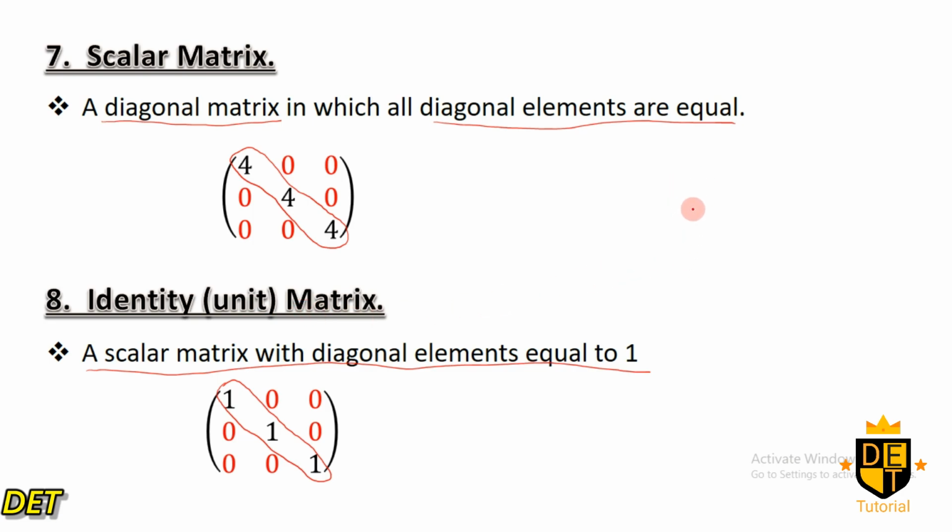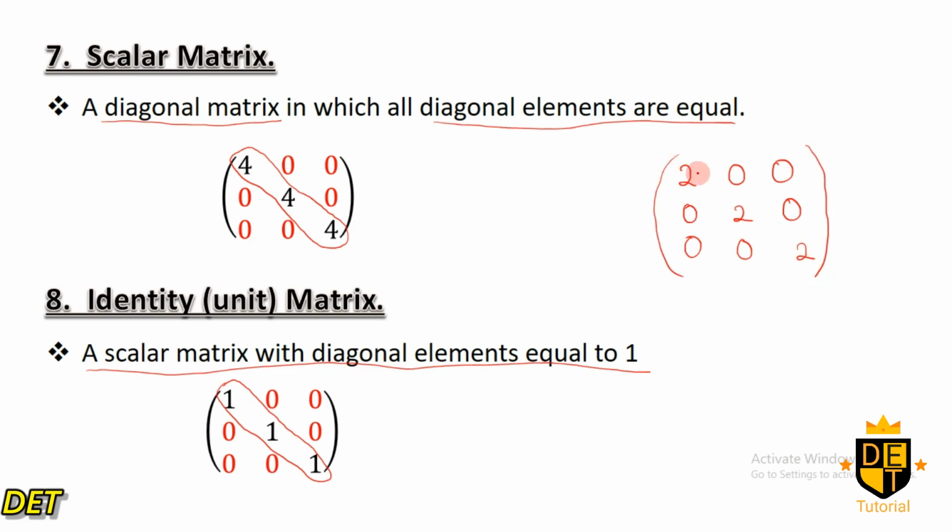So just a quick one. If I have something like 2, 0, 0, 0, 2, 0, 0, 0, 2, what kind of matrix is this?